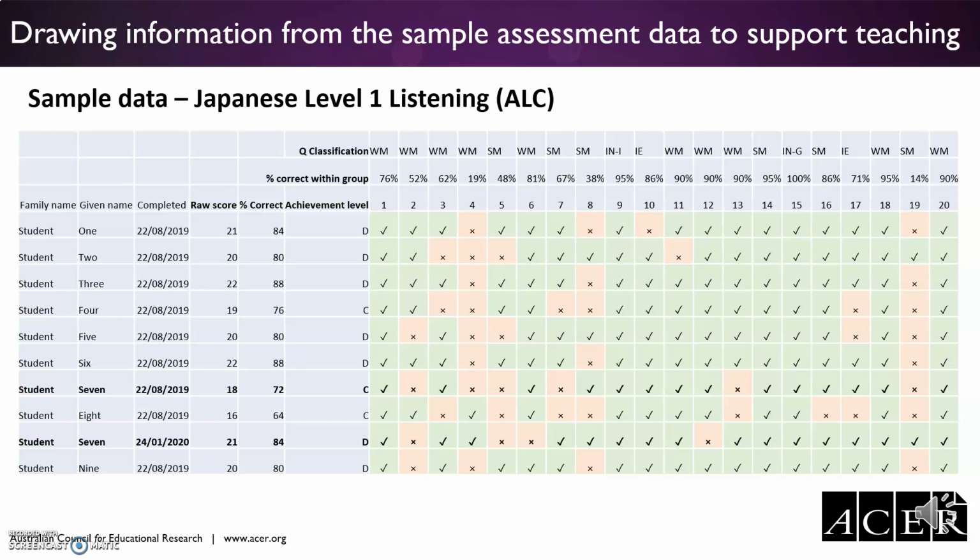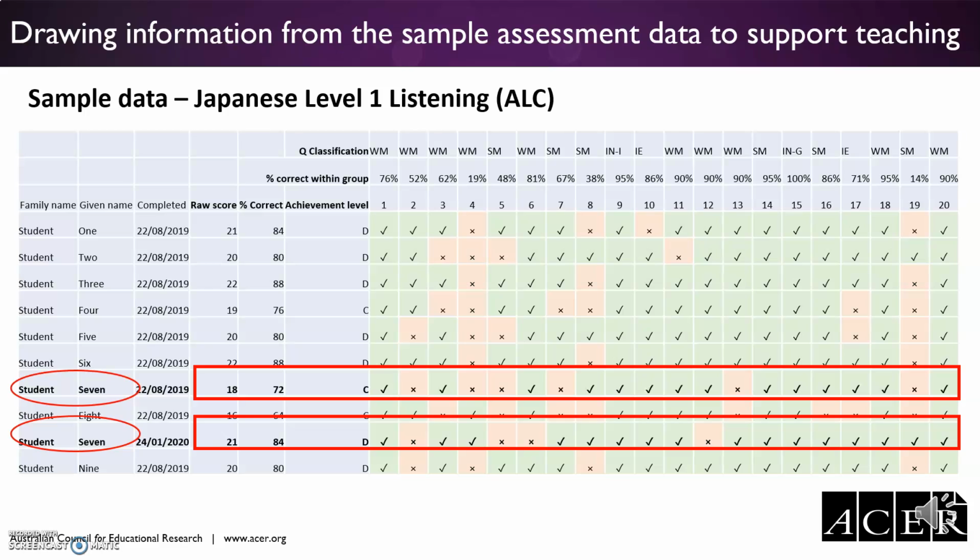How has the student improved and by how much? As mentioned before, student 7 took the Japanese listening test twice, in August last year and January this year. By comparing these two sets of results from the same student, you could see the progress this student has made.